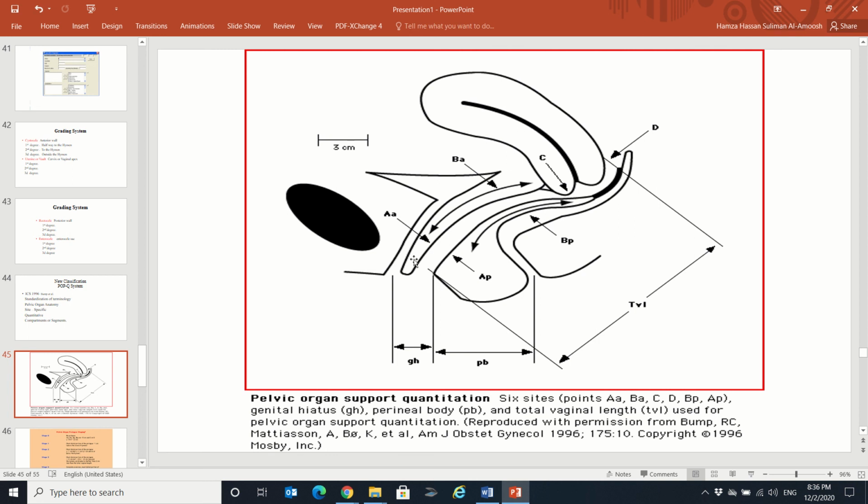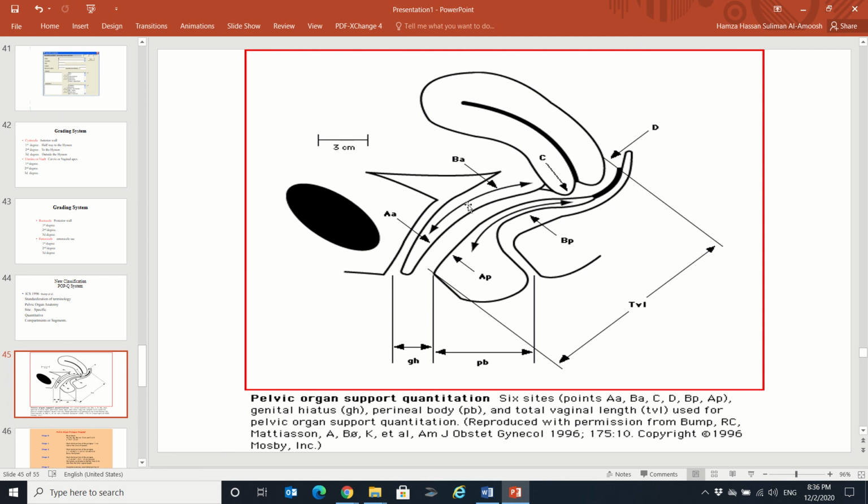The hymenal ring level is 0. If it goes to 0, then second degree. If it's plus, then third degree. If it's plus the total vaginal length minus 2 centimeters, which means more than 7 centimeters outside, then this is fourth degree prolapse. This is for the uterus.